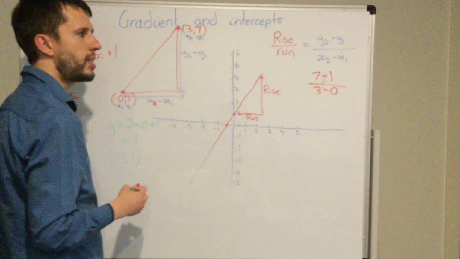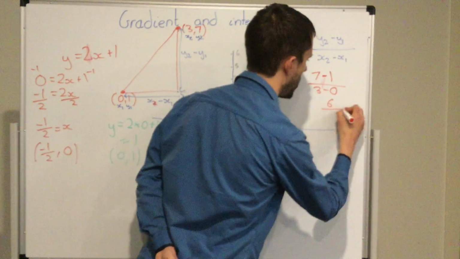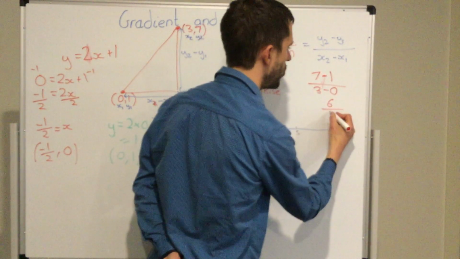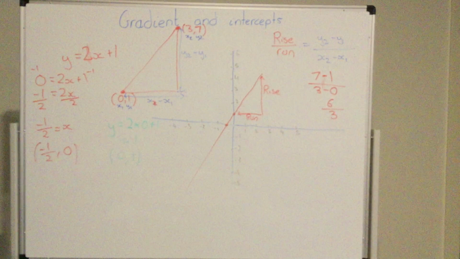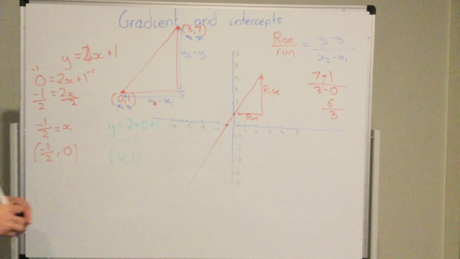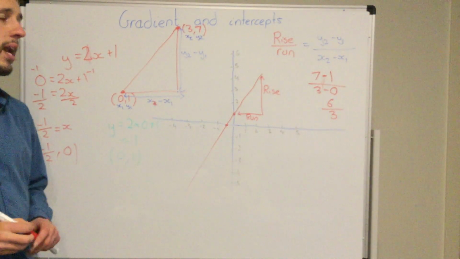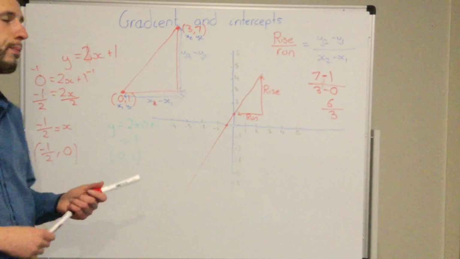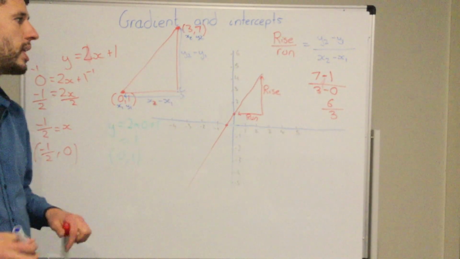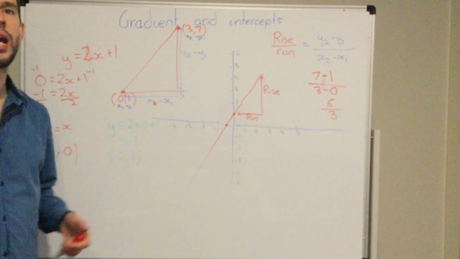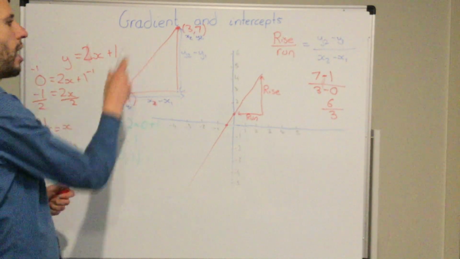So now I go 7 take 1 equals 6, 3 take 0 equals 3. So I've got 6 divided by 3. 6 divided by 3 equals 2. And 2 is our slope, our gradient for our line.